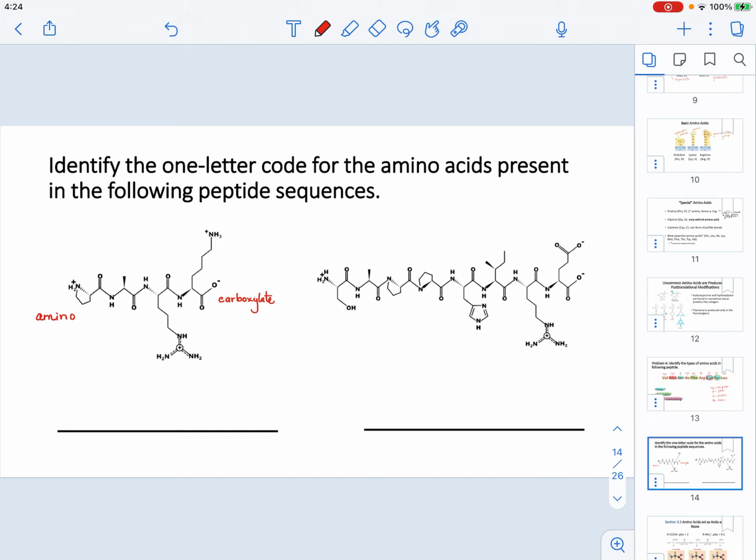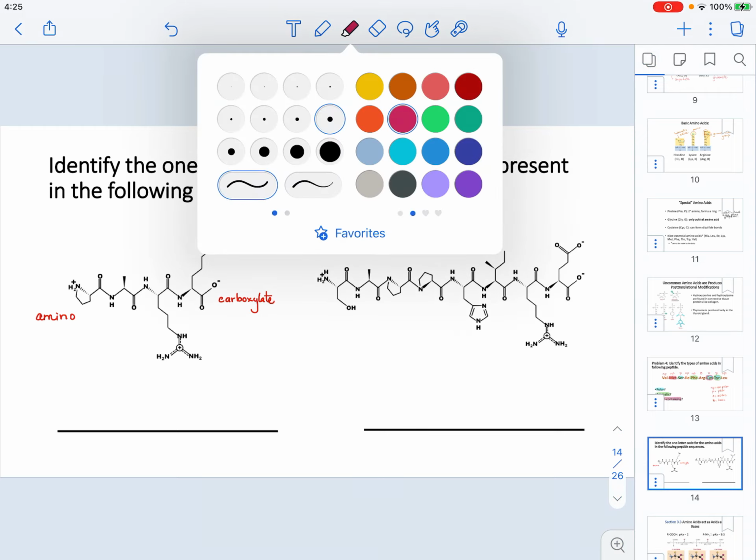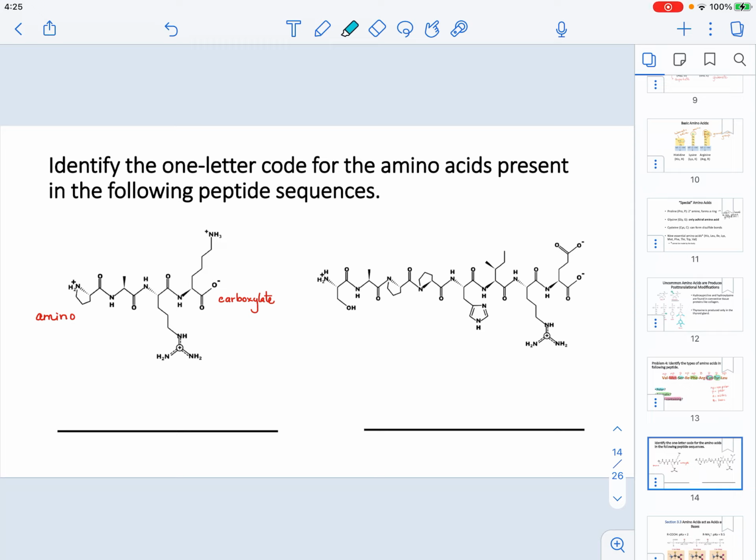So the pattern that exists here is that we always have, and I'm going to use my highlighter tool to illustrate this, nitrogen, alpha carbon, C double bond O.